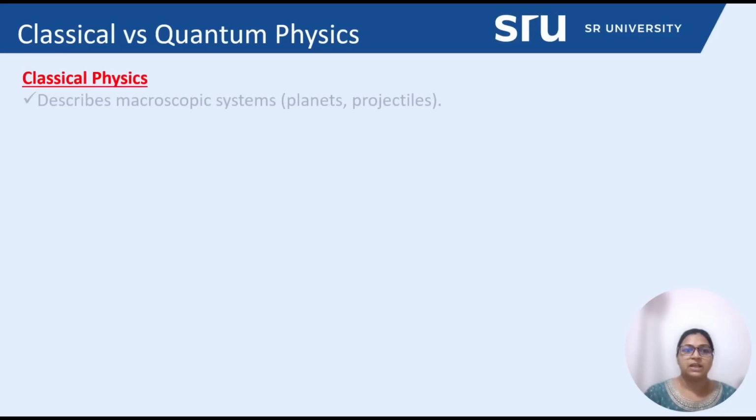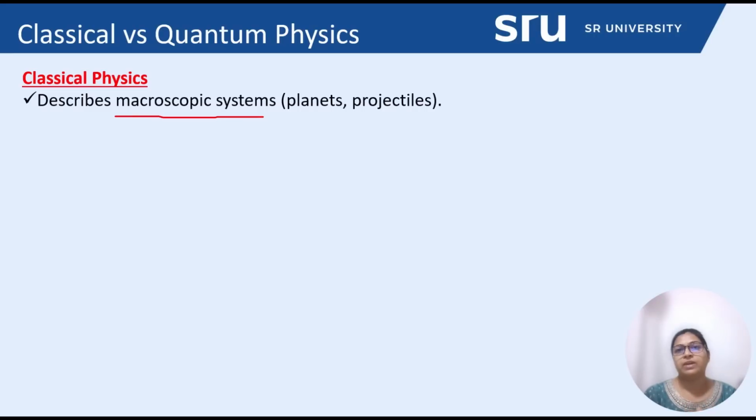So basically, classical physics gives the description of macroscopic systems like planets and projectiles. It accurately describes the motion of planets, the behavior of projectiles, and other systems which are visible to the naked eye.